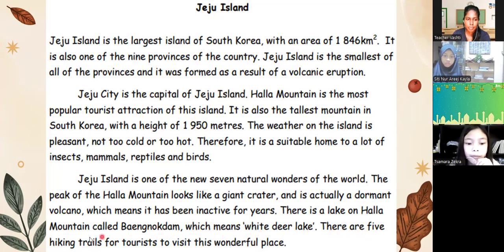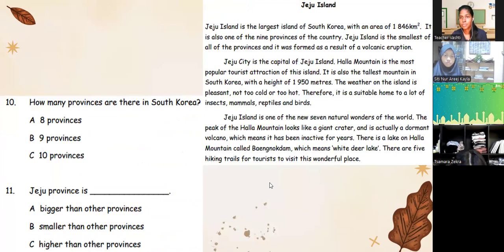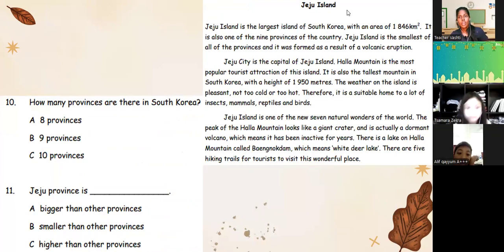There are 5 hiking trails for tourists to visit the wonderful place. Okay, good. So this is about Jeju Island and you may now read and answer. Read the question and choose the best answers.